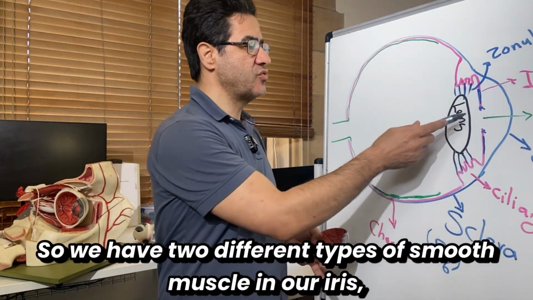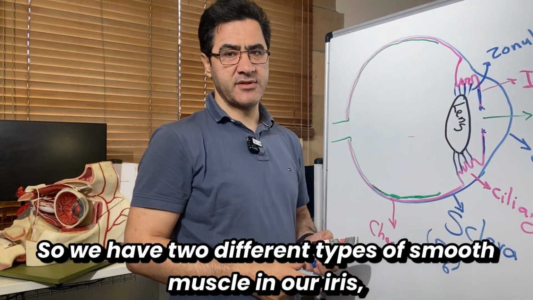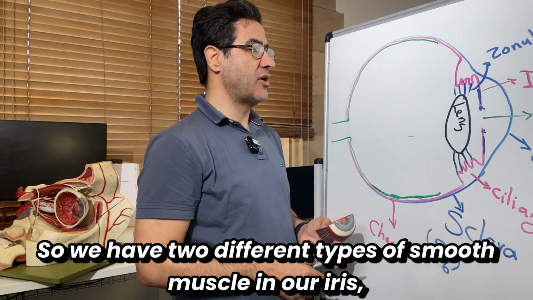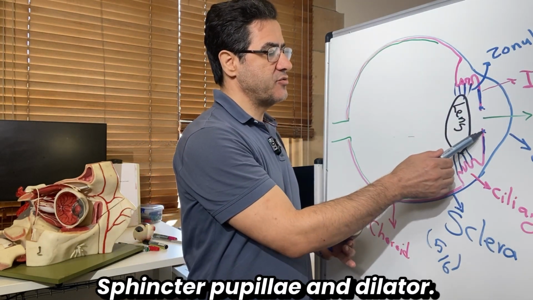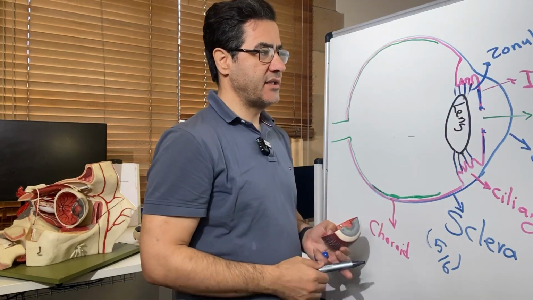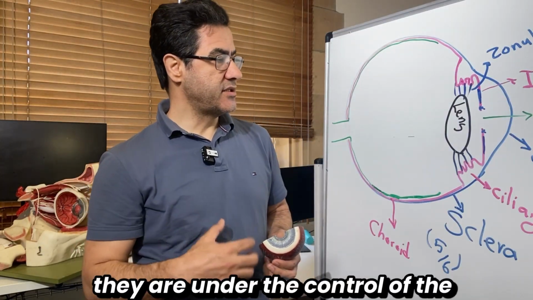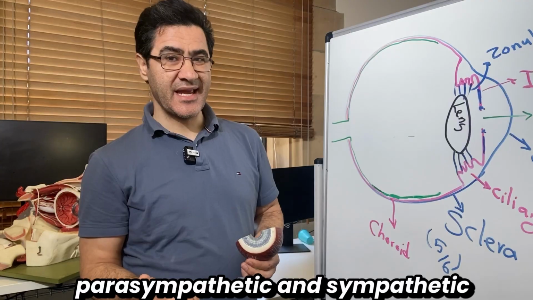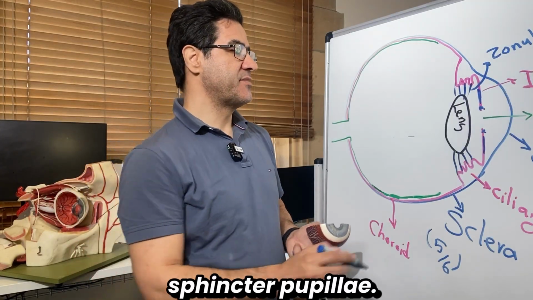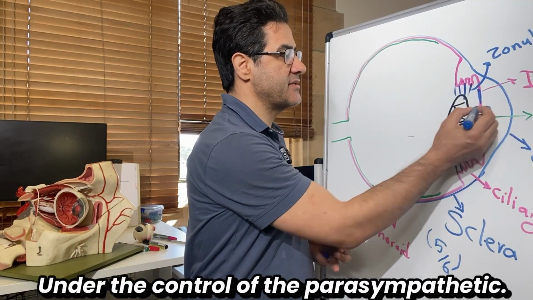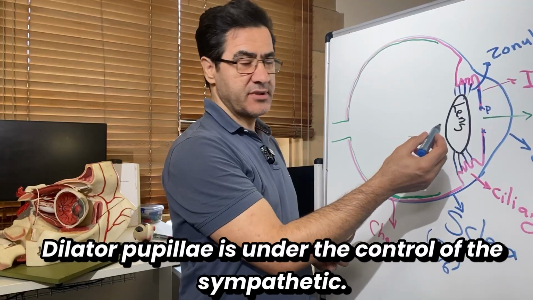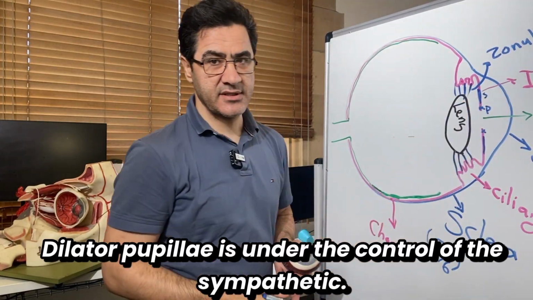So we have two different types of smooth muscle in our iris, sphincter pupillae and dilator pupillae. They are under the control of the parasympathetic and sympathetic. Sphincter pupillae is under the control of the parasympathetic. Dilator pupillae is under the control of the sympathetic.